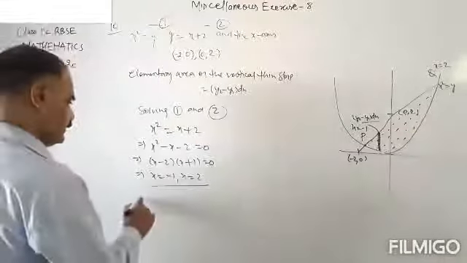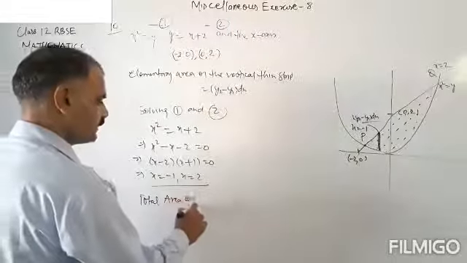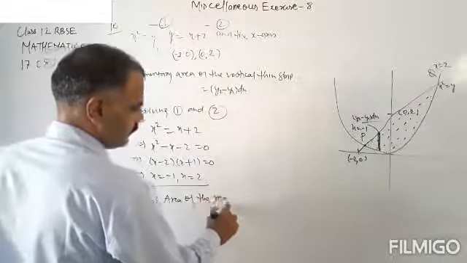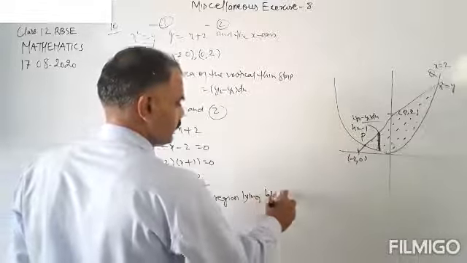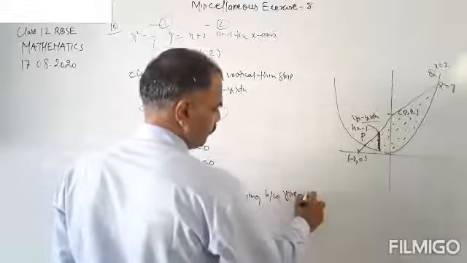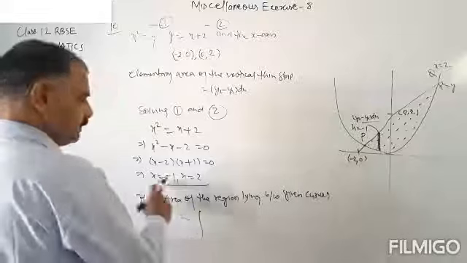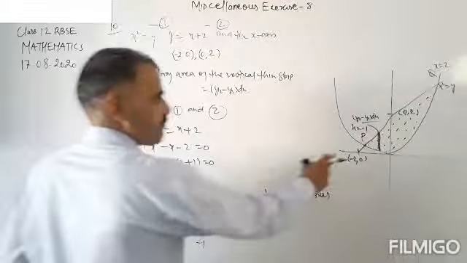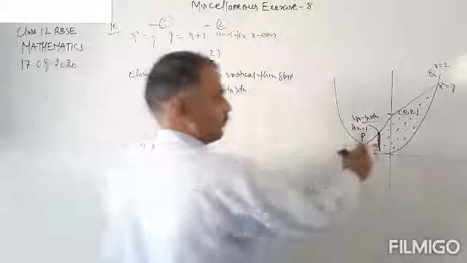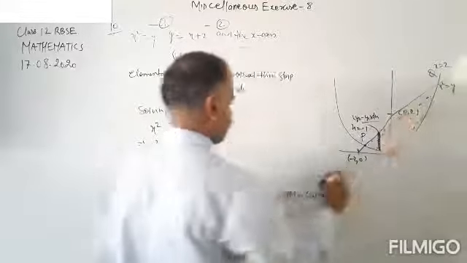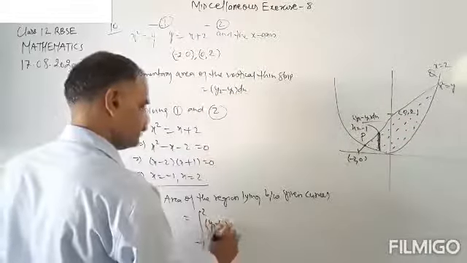So the total area of the region lying between the given curves equals the integral with limits from minus 1 to 2 of y2 minus y1 into dx.